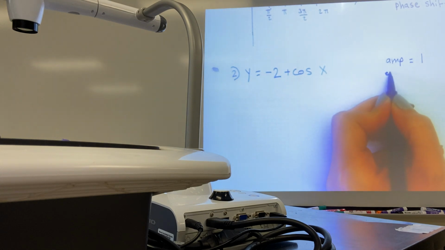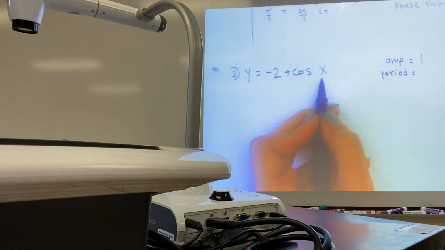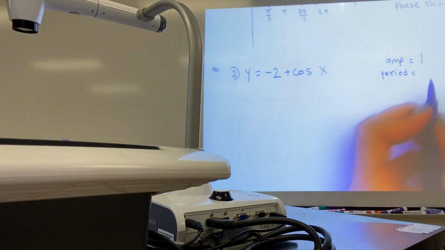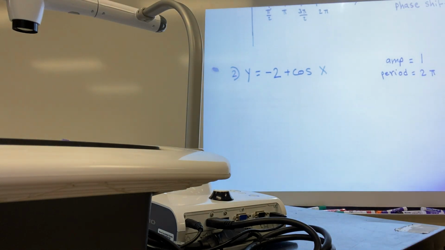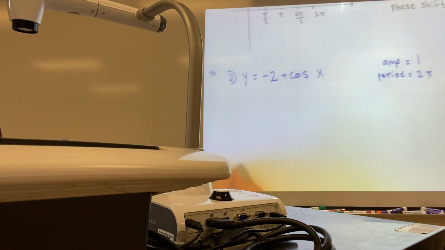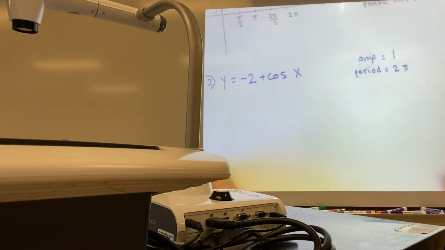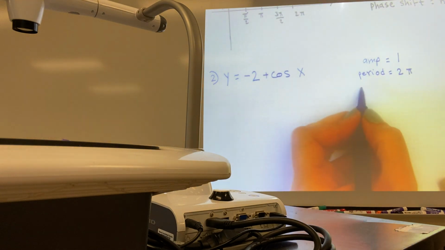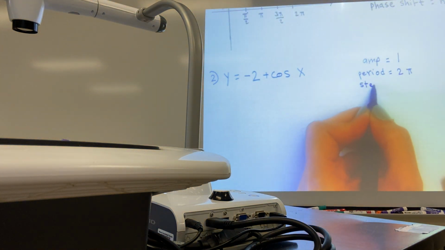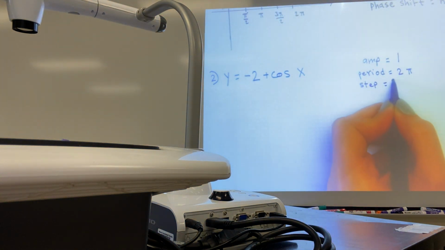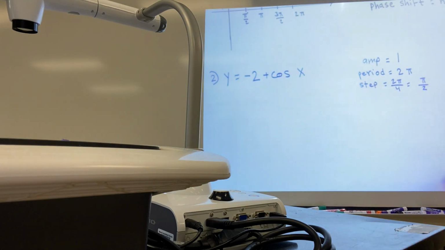Period, 2 pi over b. b is 1, so that's 2 pi. Okay, step, that's 2 pi over 4. This is pi over 2.